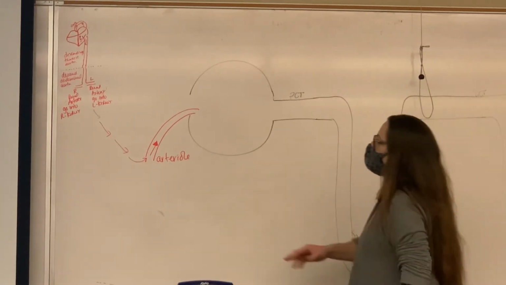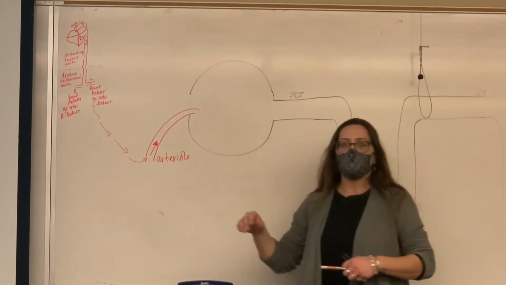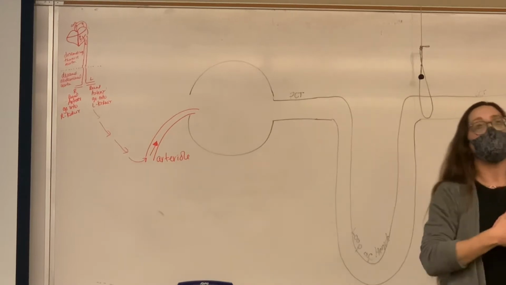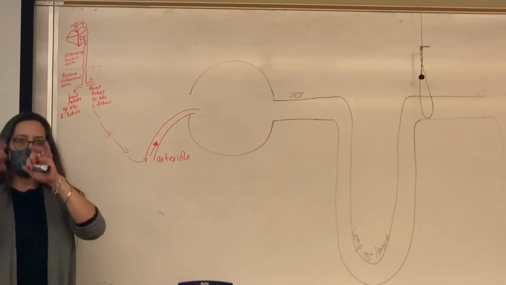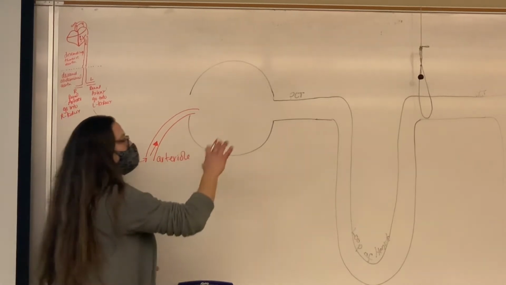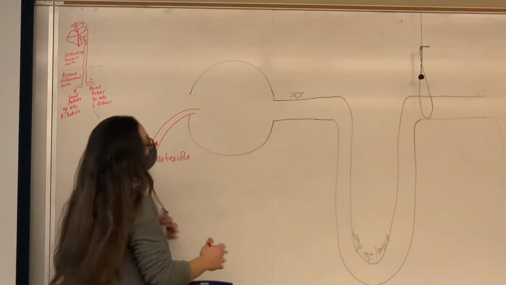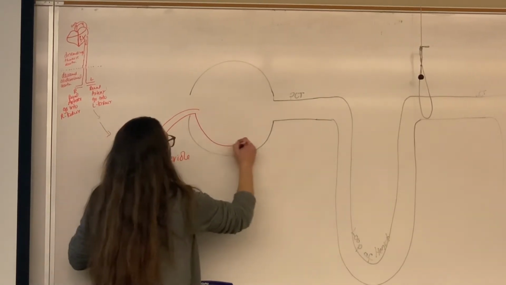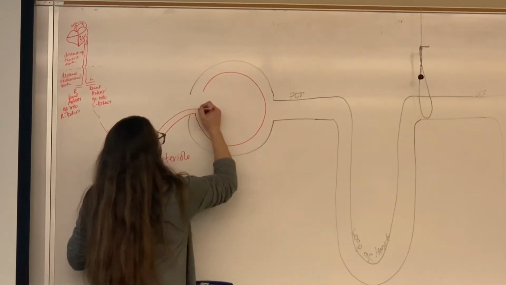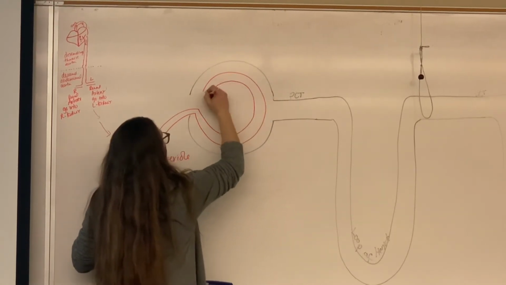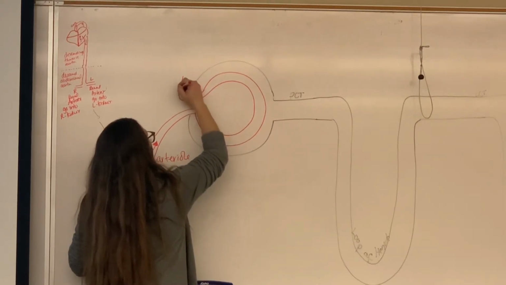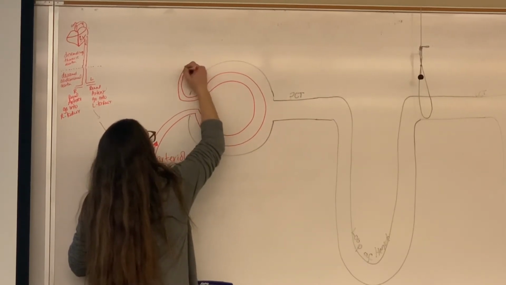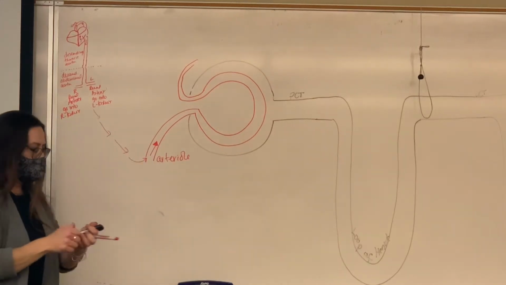And the capillary that this arteriole takes us into is a capillary called the glomerulus. So remember, the glomerulus is a tuft, kind of a tangled mess. And again, to keep it kind of neat, I'm not going to draw it as a tangled mess. I'm just going to draw it as a backward C. This in here.